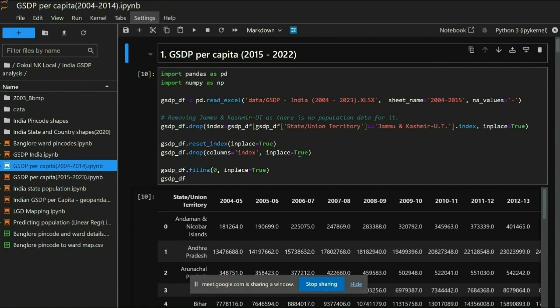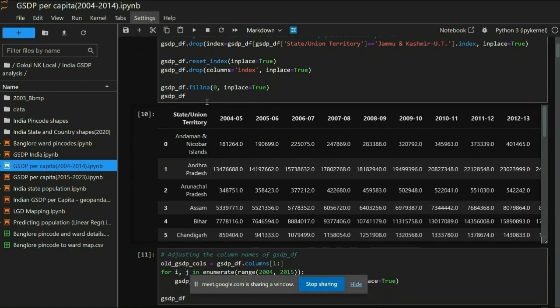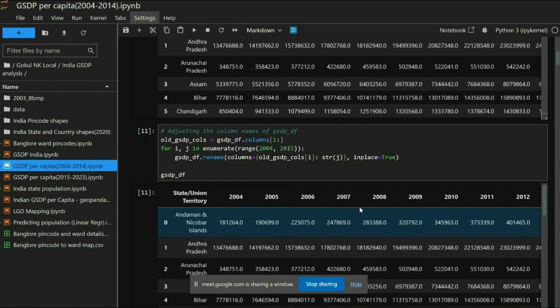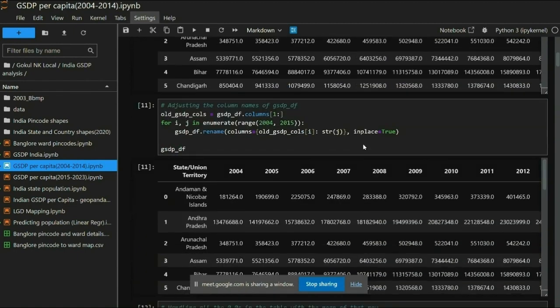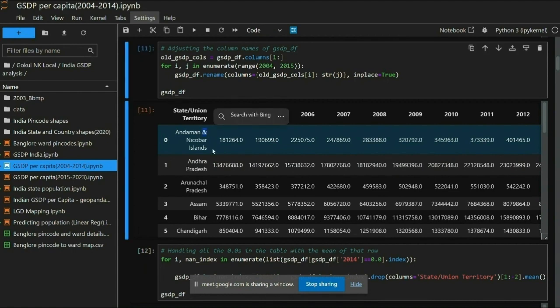Then with the predicted calculation, we have started calculating GSDP per capita for the year 2004 to 14. Adjusting the column names here since there is a slight mismatch between the state names from the GSDP data and the population data, like Andaman and Nicobar.